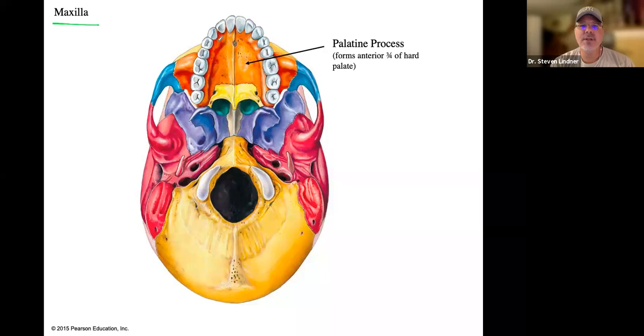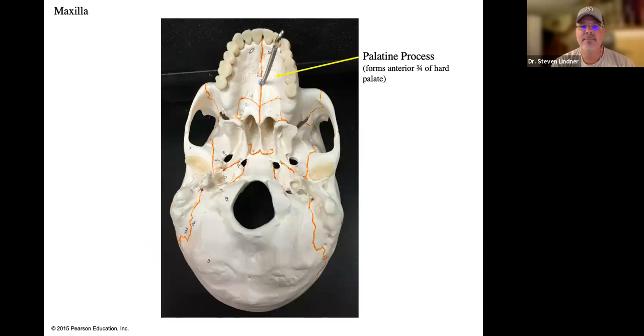This portion here is the palatine portion. It forms the anterior 3/4 of the hard palate. Okay, this is the palatine process. Again, palatine process here and here.